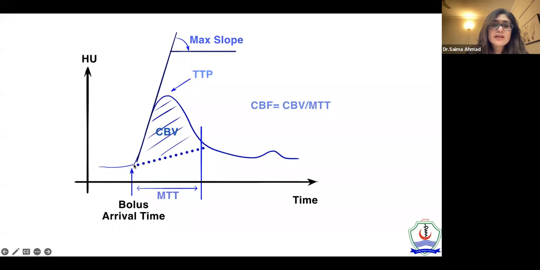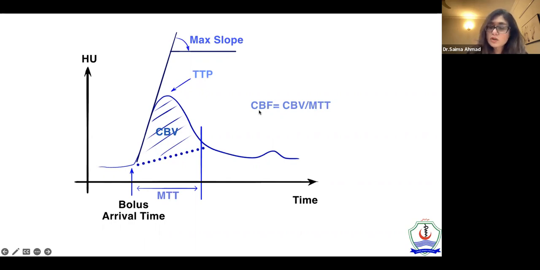Now the time taken between going up into the artery and then coming down is called the mean transit time. And this is the time to peak, which is the peak time within the arteries. And the area under the curve is the CBV. Now, if you know the MTT and CBV, you can easily calculate the CBF.